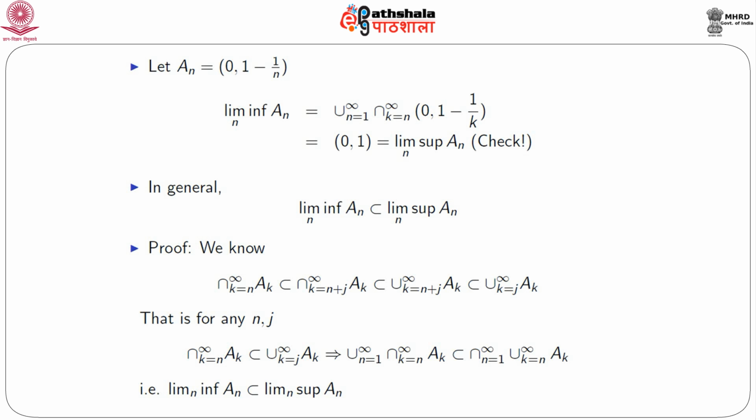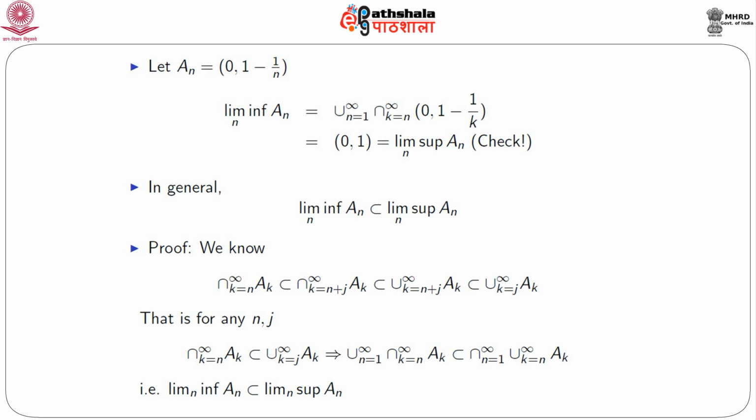Now, we know that intersection is a subset of union. So, if I interchange the sign, with the intersection replaced by union, it will again be a subset, and this is the union over k from n plus j to infinity of a_k. If instead of n plus j, we start from k equal to j, that means we are taking more unions, so we are getting bigger sets.